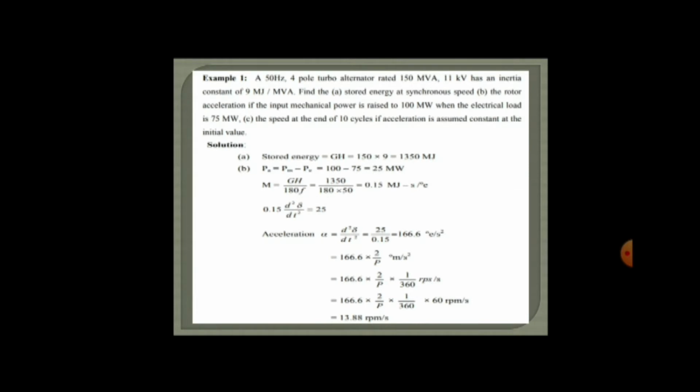So what is the turbo alternator rating? G is the rating of turbo alternator. So how much? 150. So you can put 150 into, so what is the inertia constant? 9.